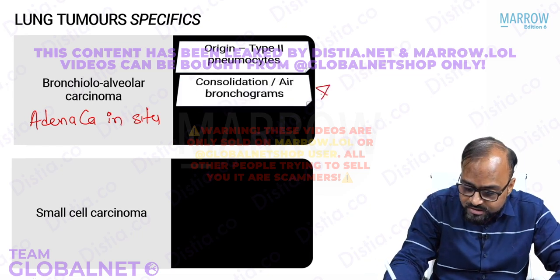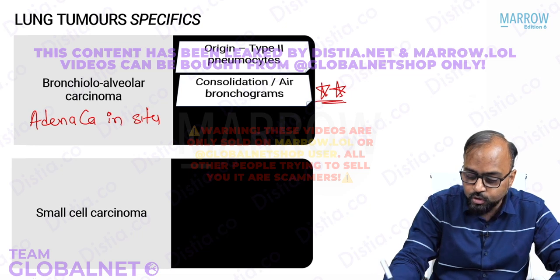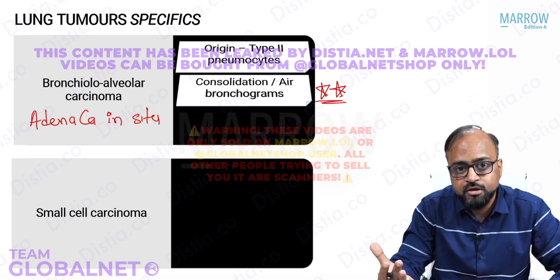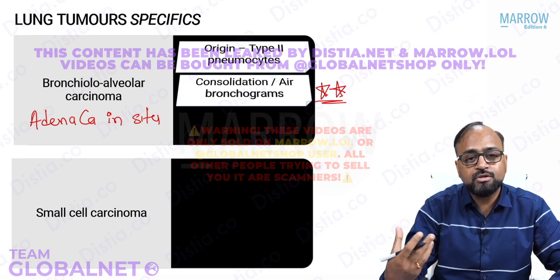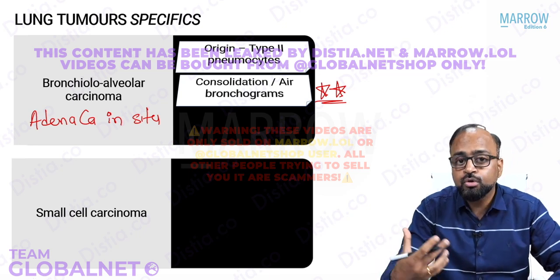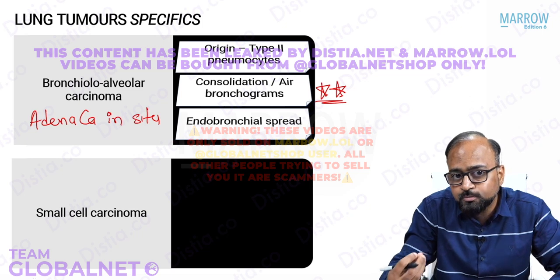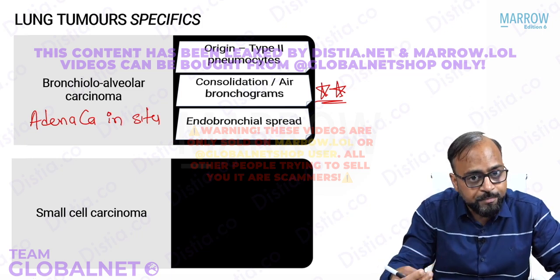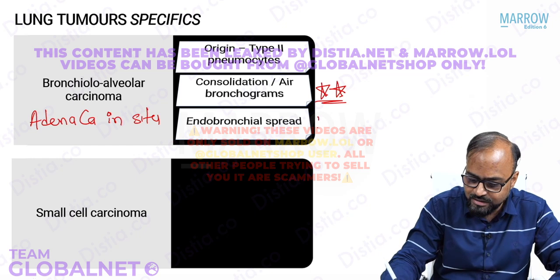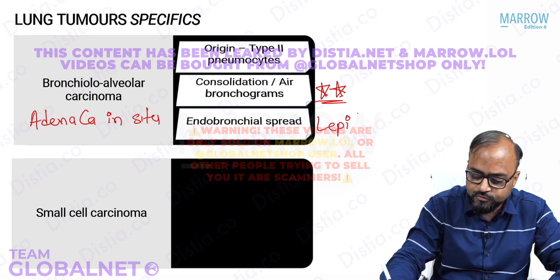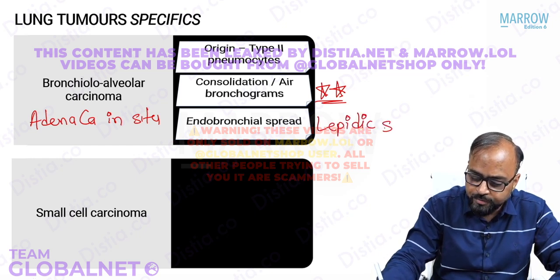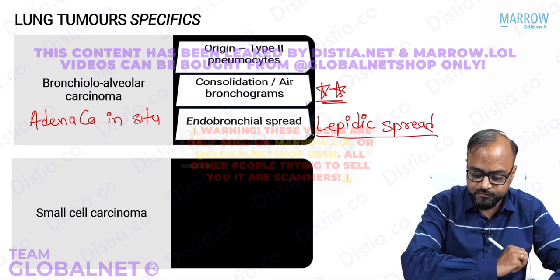It usually presents as consolidation or air bronchogram, which mimics infection, right? And therefore, it usually presents as non-resolving infection or non-resolving consolidation on imaging. And it has a very peculiar property of endobronchial spread. This is also called lipidic pattern of spread.